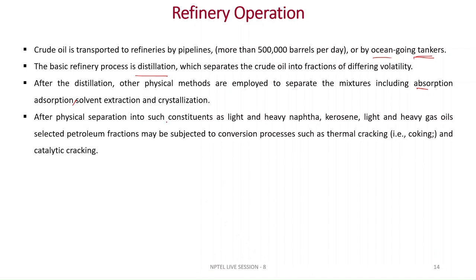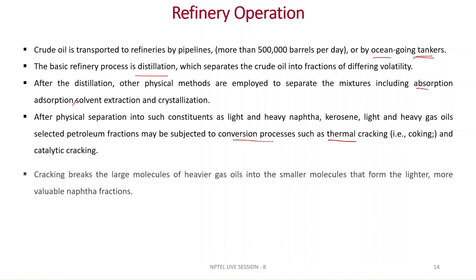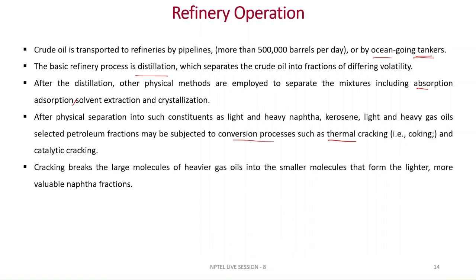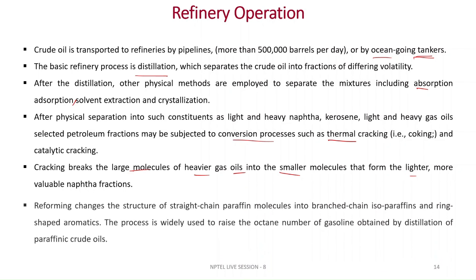After physical separation into such constituents as light and heavy naphtha, kerosene, light and heavy gas oils, selected petroleum fractions may be subjected to conversion processes such as thermal cracking, coking, catalytic cracking, etc. Now the cracking breaks the larger molecules of the heavier gas oils into smaller molecules and lighter in weight, more valuable naphtha fractions.